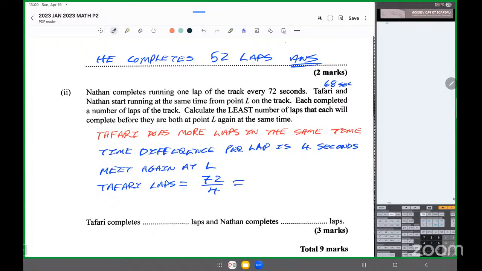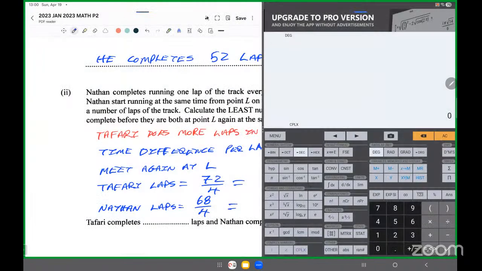And for Nathan, his 4 seconds deficit has to match the 68 seconds that he is taking. So Nathan's laps equals 68 divided by the 4 seconds difference. Then we work out the two of them. It's supposed to be a 1 lap difference between them, because the difference between these two numbers is 4.